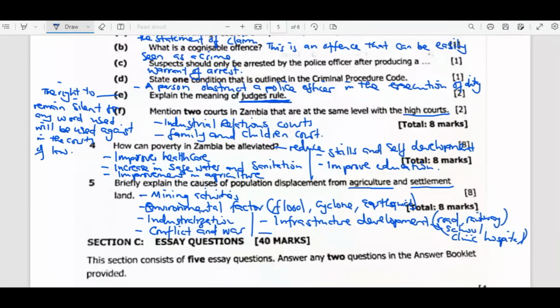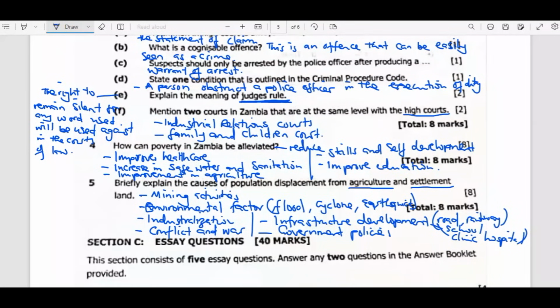And then the other thing is government policies. When we say government policies, you'd find that they also help to displace people from agriculture land and settlement land.